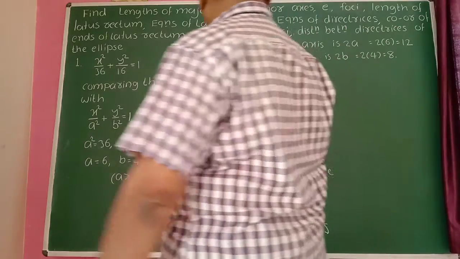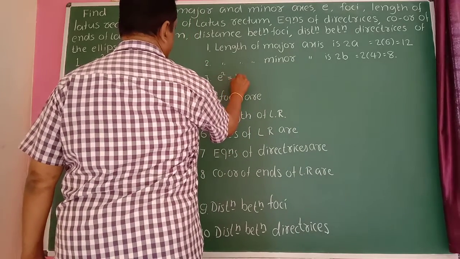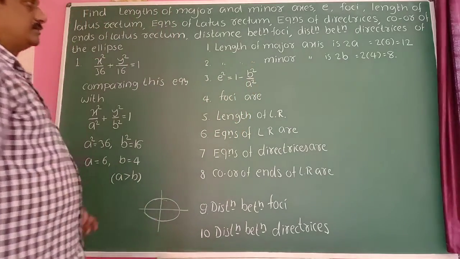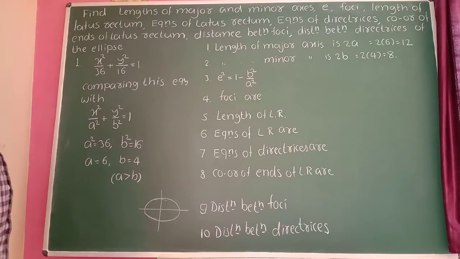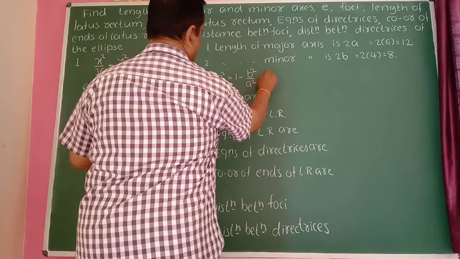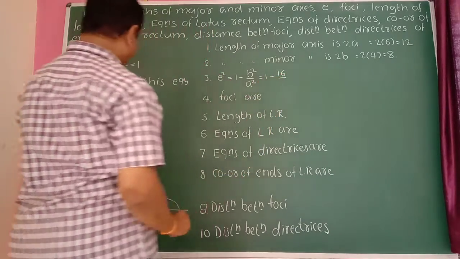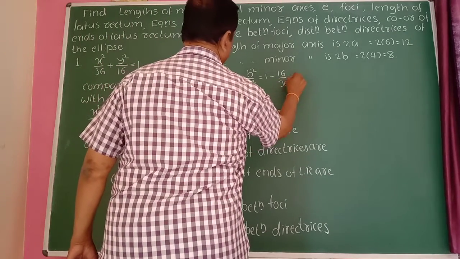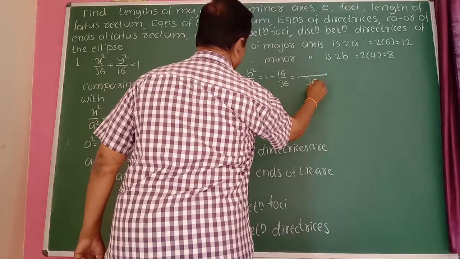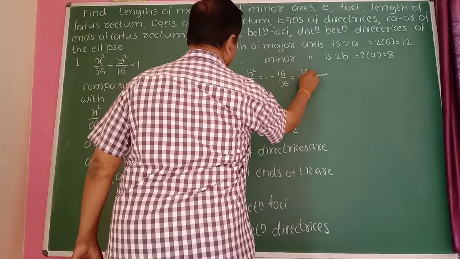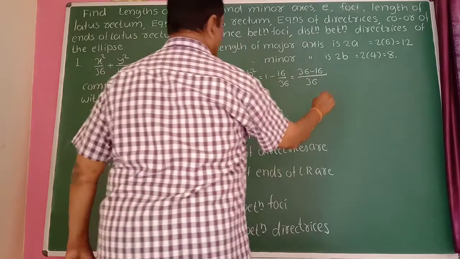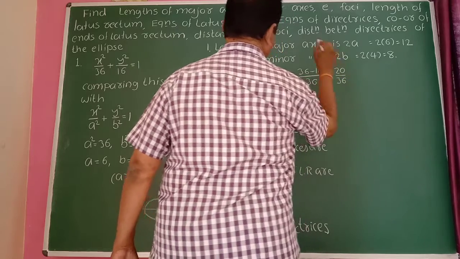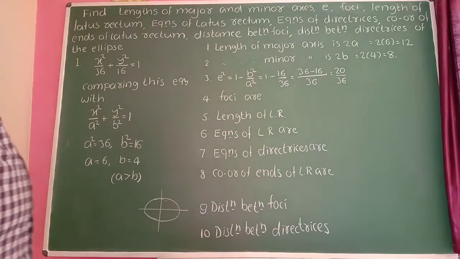And the eccentricity: e square is equal to 1 minus b square divided by a square. This is the formula. B square value is 16, a square is 36. So 1 minus 16 divided by 36. 36 is the LCM here, so 36 minus 16 gives 20 divided by 36.